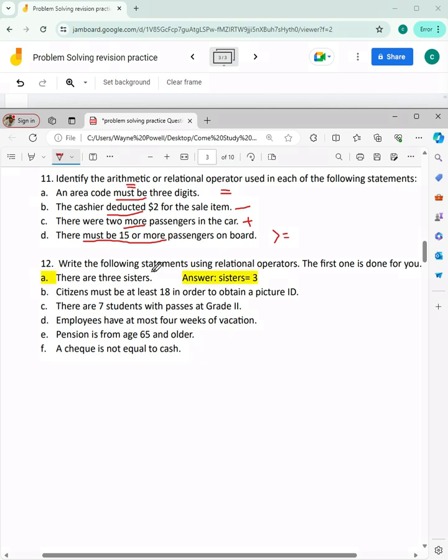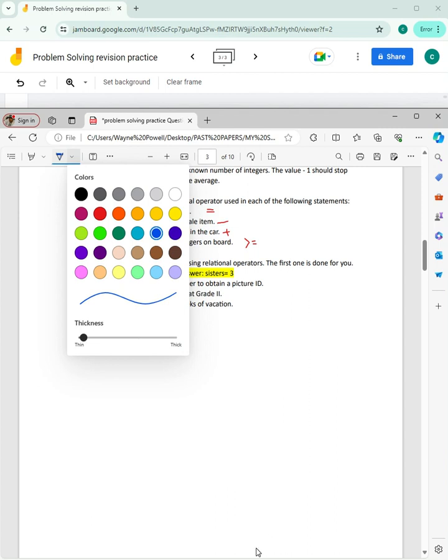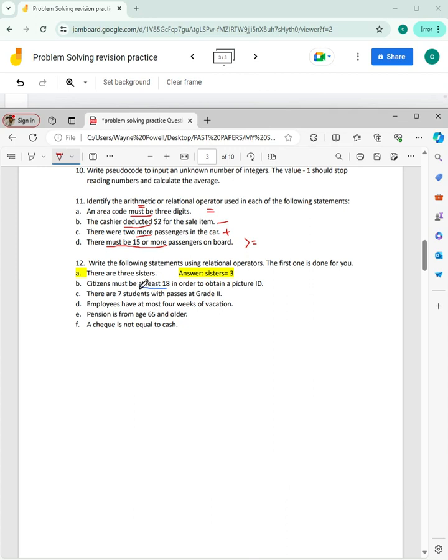Next one, for the following statements, use relational operators. The first one is done for you. There are 3 sisters, so this one shows that sisters equal 3. B, citizens must be at least 18 years old in order to obtain a picture ID.